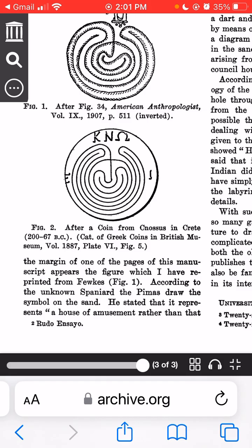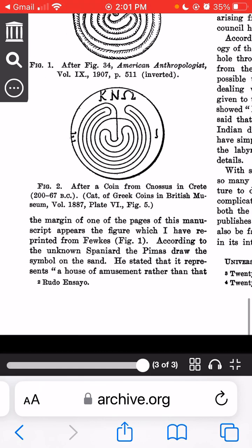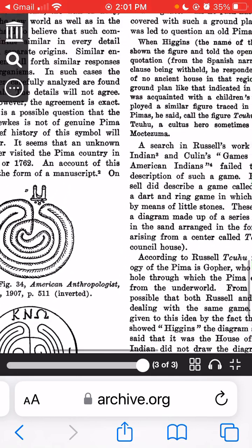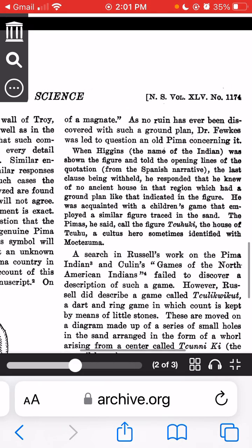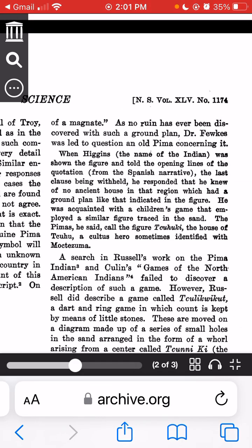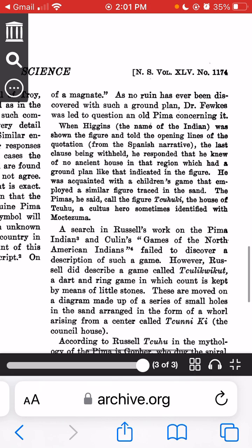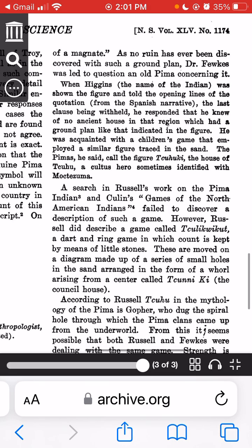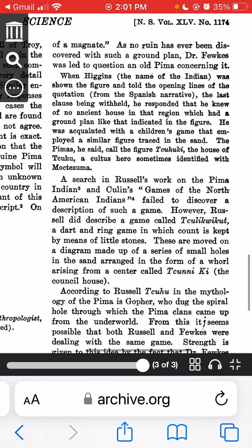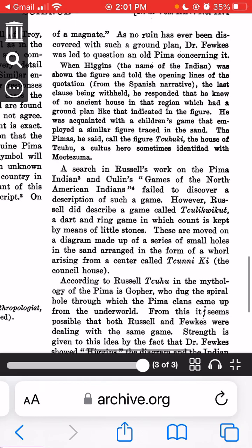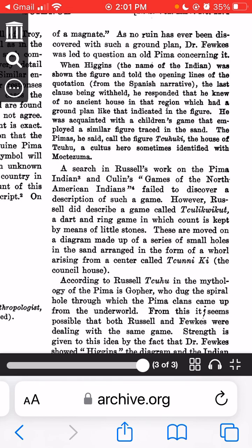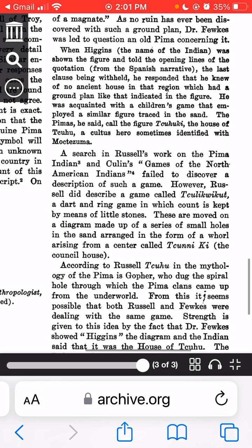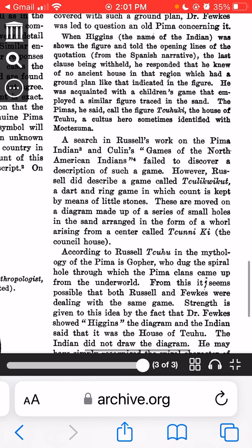He stated that it represents a house of amusement rather than that of a magnate, as no ruin has ever been discovered with such a ground plan. Dr. Fuchs was led to question an old Pima concerning it. When Higgins, the name of the Indian, was shown the figure and told the opening lines of the quotation from the Spanish narrative, the last clause being withheld, he responded that he knew of no ancient house in that region which had a ground plan like that indicated in the figure.